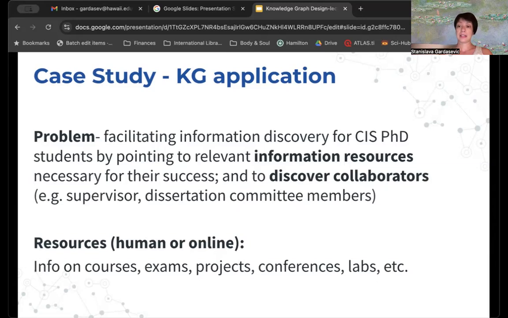And that is helping them to discover collaborators, in the first place, supervisor, that is the most important factor in their satisfaction with the program, in their retention, but also dissertation committee members.